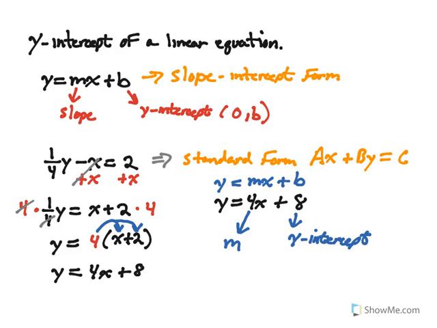When you write it in coordinate form, it's going to be x comma y, so we should write it as 0 comma 8. Your 8 is the y coordinate. So it's just some basic algebra of going from standard form to slope-intercept form. I just wanted to give you a brief little lesson on that.